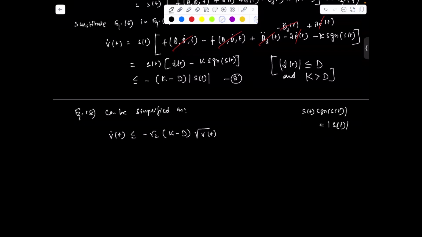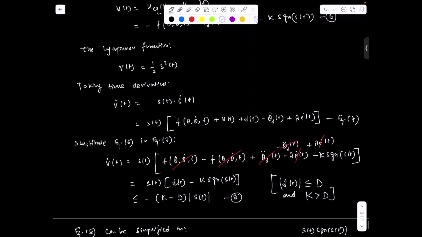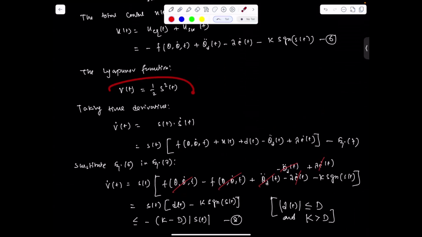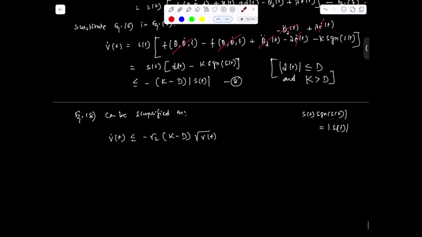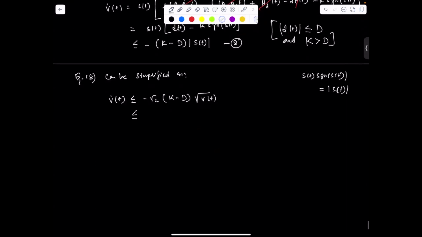So in place of s(t), because we have defined V(t) equal to this expression, we can write root V(t), right? Or we can write minus alpha root V(t).